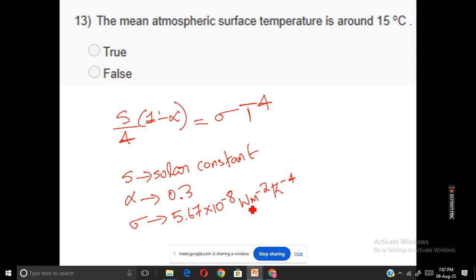The value of the solar constant was around 1361 watt per meter squared. So we calculated this atmospheric surface temperature.